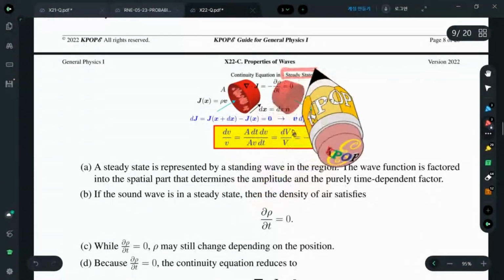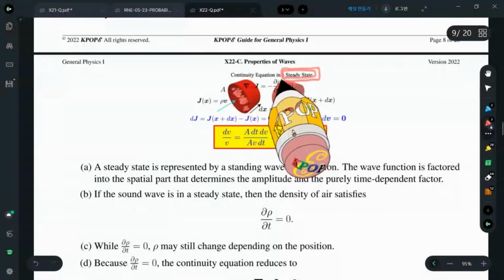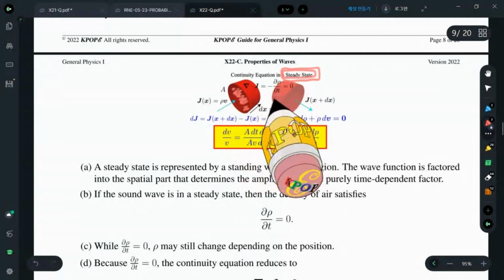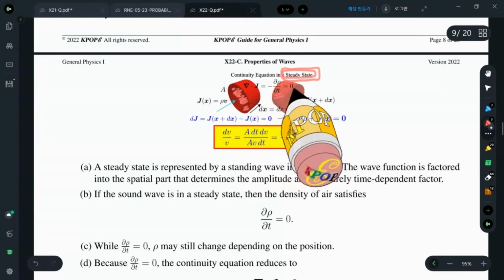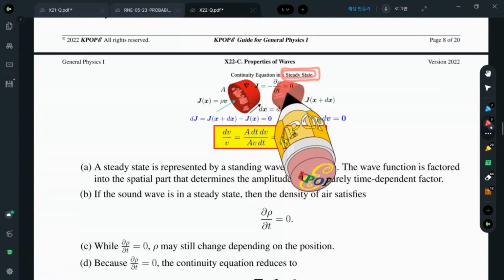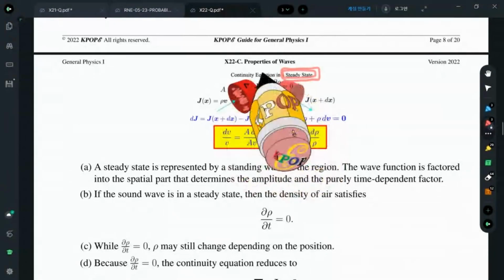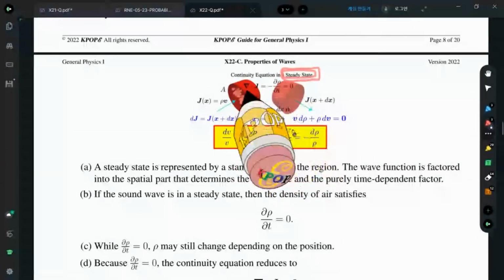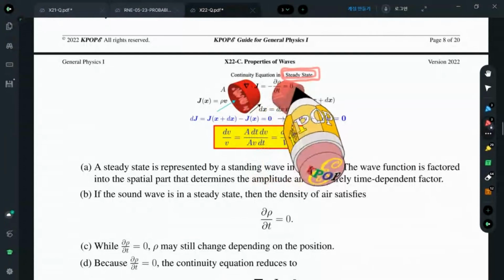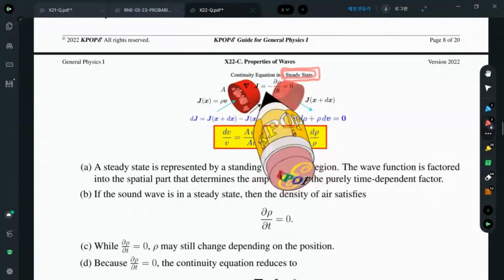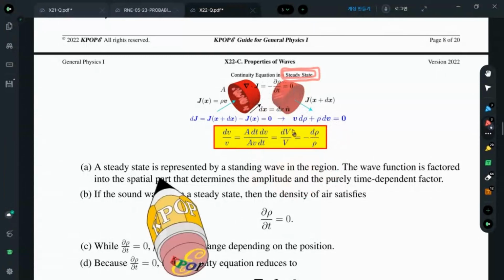However, when the steady state is achieved, the change in the density with respect to time must always vanish. So the continuity equation becomes very simple. That is, divergence of J equals 0, because the density doesn't change at all with respect to time.